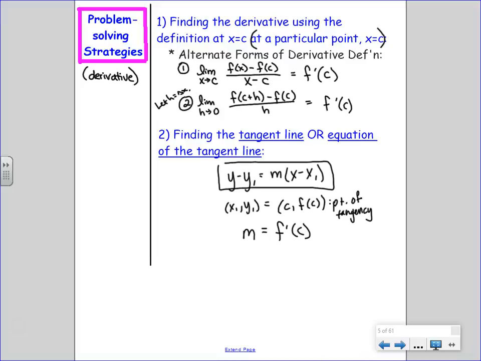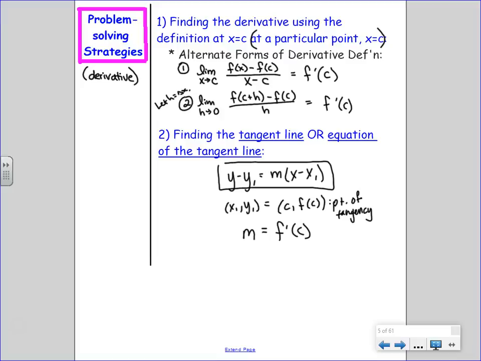Now question. From up above, is f prime of c the same exact thing as f prime of x? No. f prime of c, a number is getting plugged in. And when a number gets plugged into an equation, what do we get out? An equation with variables or a number?